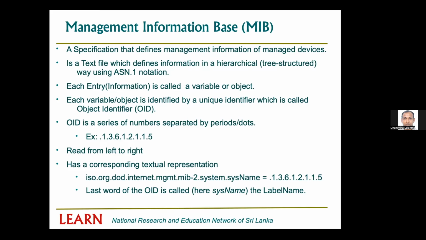Those objects have a relevant object identifier which is unique. This is an example of an object identifier. It is separated by dots and normally starts with a dot. It is read from left to right: the top of the hierarchy is at the left side, and as it goes right, it comes to the particular object we need.